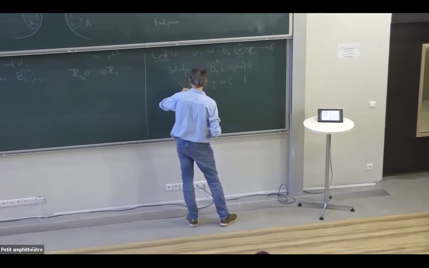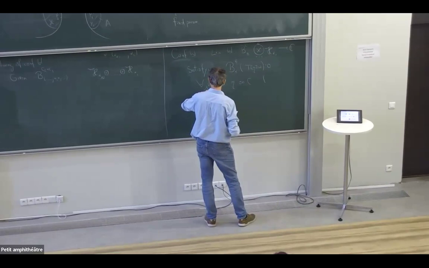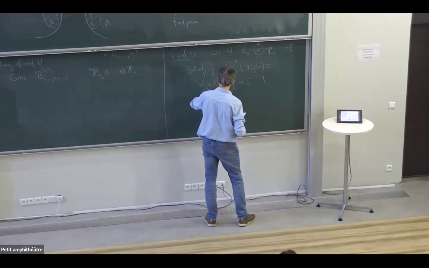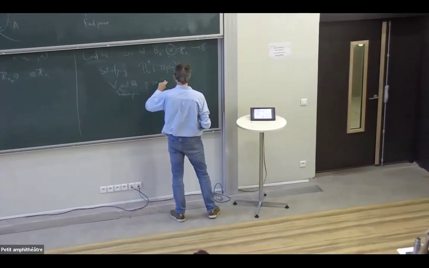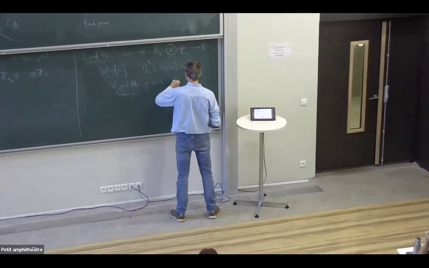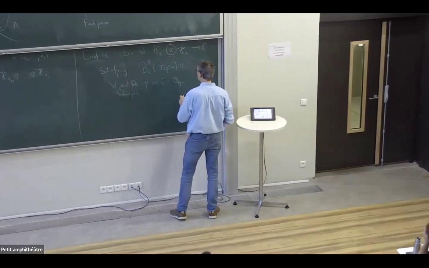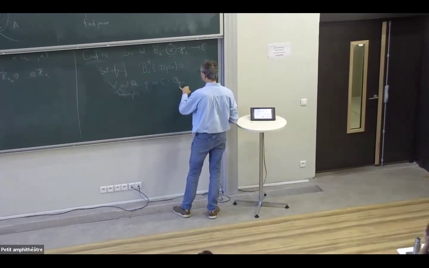Here comes the most important adjective, holomorphic. And if I say they're holomorphic on C, as C is now going to be a Riemann surface of genus G, that is, G handles and N punctures.